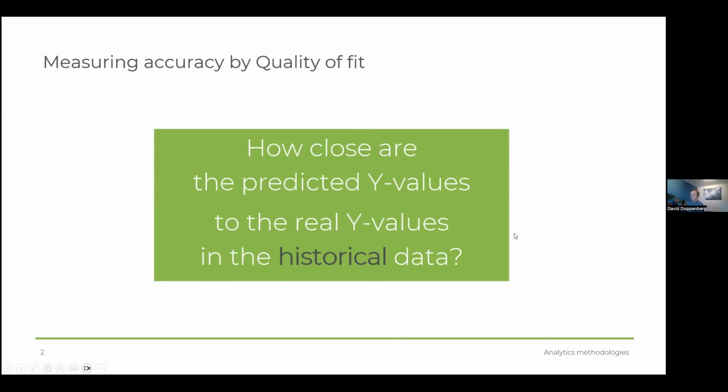When we're talking about measuring accuracy or model quality, we are checking how close the predicted values of our model, so the y values meaning the target, are to the actual target values in the historical data.